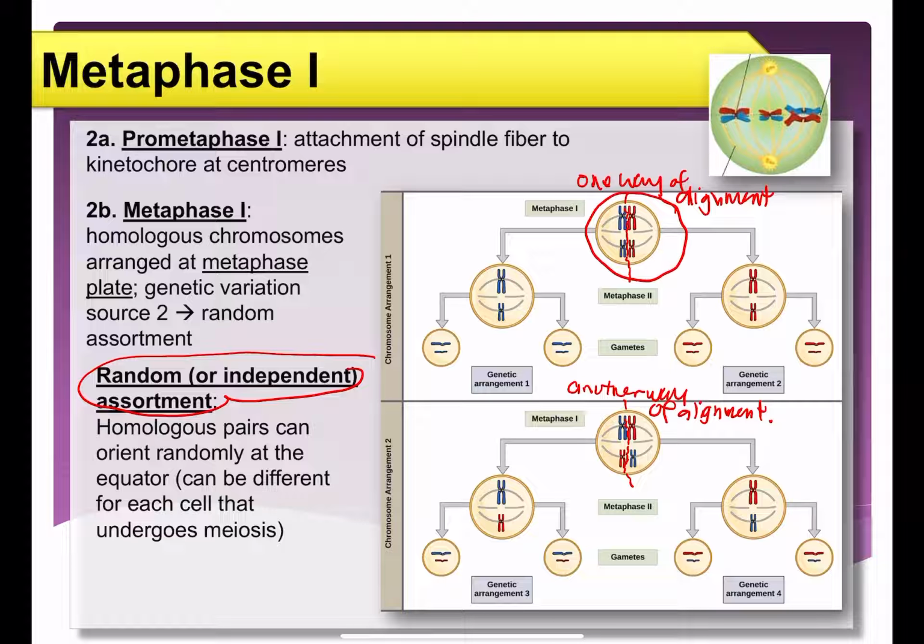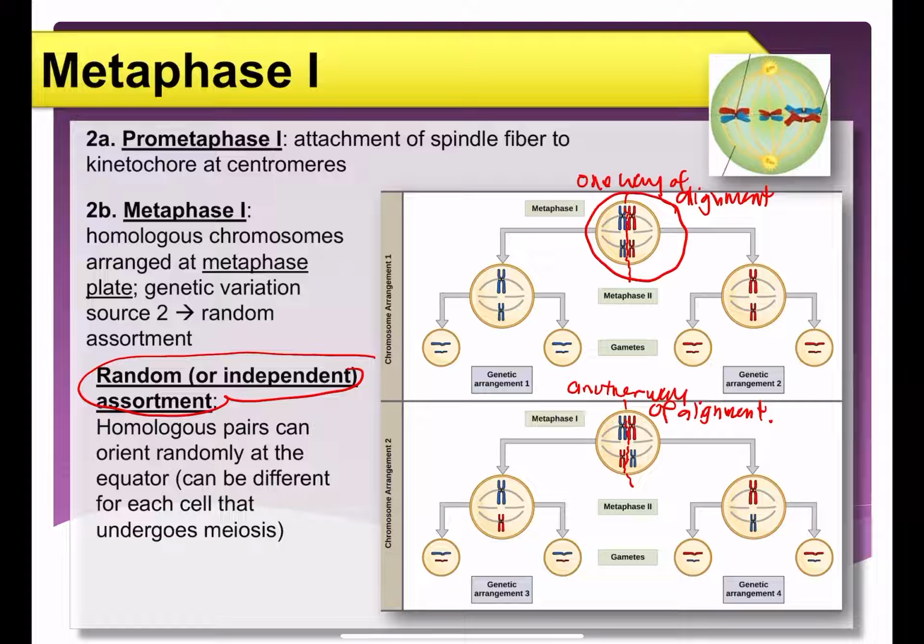Okay, so at the center of the cell, the homologous chromosomes lined up can be rearranged into different combinations. That's what I went over with you in the diagram. Now, in reality, we don't just have 4, we have 46 chromosomes or 23 pairs of homologous chromosomes. So there are going to be a lot more possible combinations to further mix up the genes.